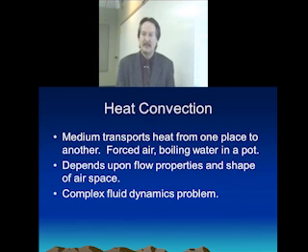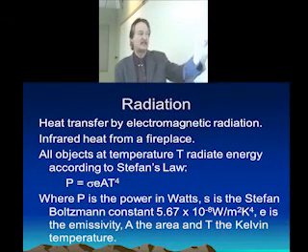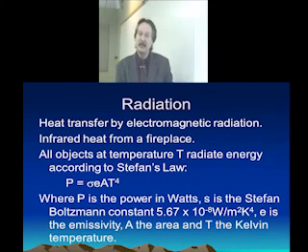That means that the shape of the room, the shape of the ducting, the windows present in the room, all sorts of different factors will come into play in trying to figure out the exact heat convection formula to use. That's much more complex than we want to deal with. So we'll just simply say that that's one of our types of heat transfer, but it's a complex fluid dynamics problem. So you won't have a formula for that one. Okay?